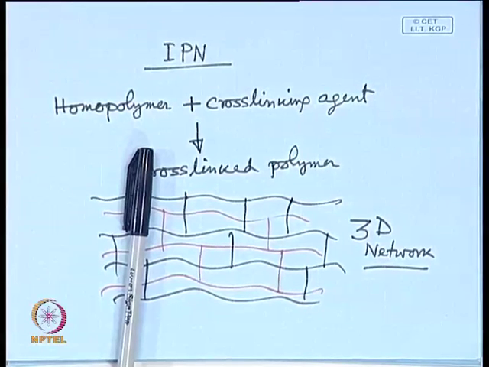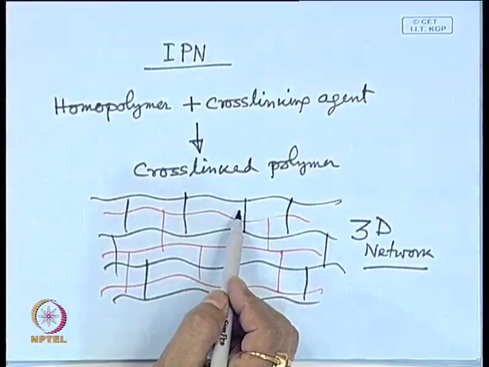Or else you can control the hydrophilicity or hydrophobicity of that network by linking some hydrophobic agents. For example, this black one is hydrophilic.